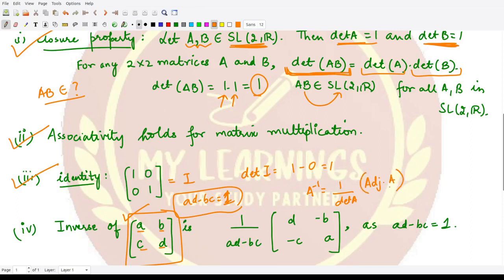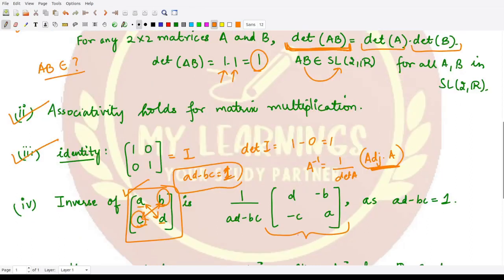Now what is the adjoint of this matrix? This is the transpose of cofactor matrix. So you just exchange these two, correct, and then you exchange these two with a negative sign, right? And moreover, when you take the transpose, again B would come to this position, C would come to this position. You can check the adjoint would come out to be this one, correct? So this becomes the inverse of this matrix such that its determinant is equal to 1.